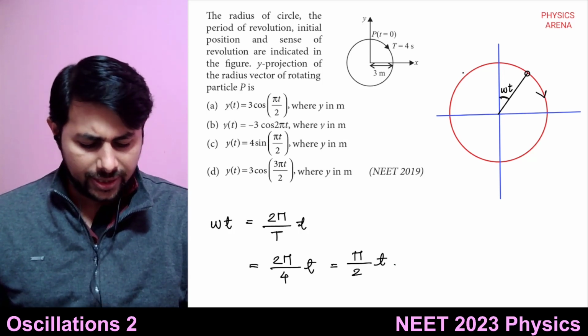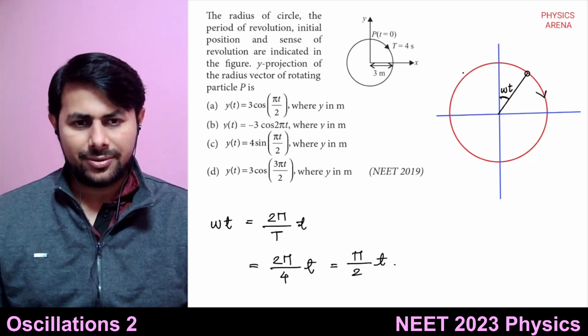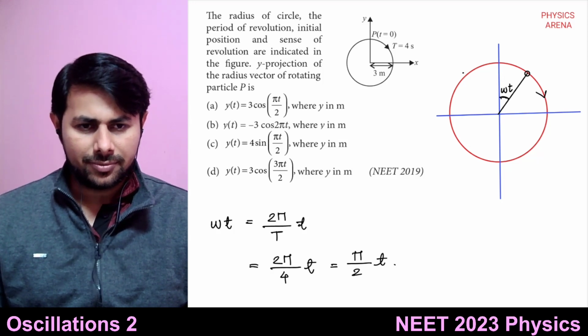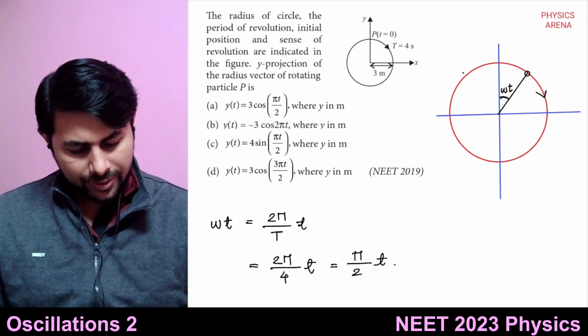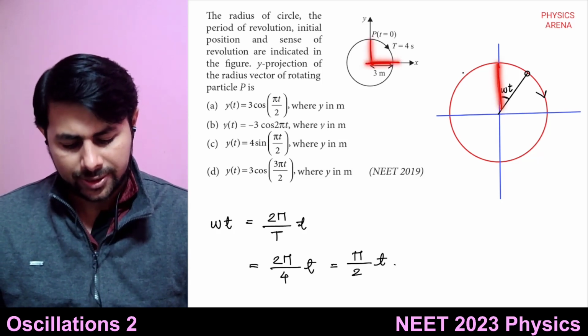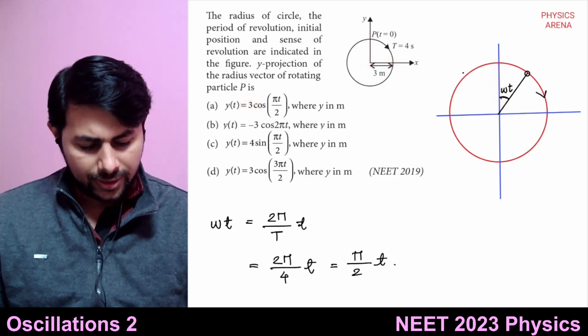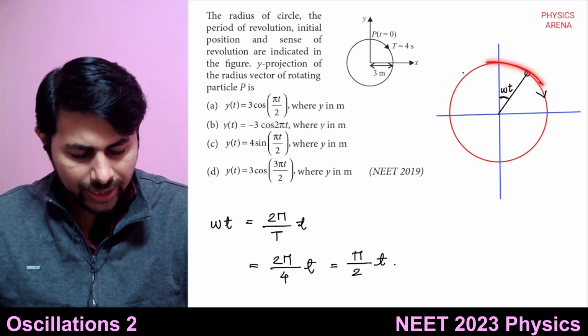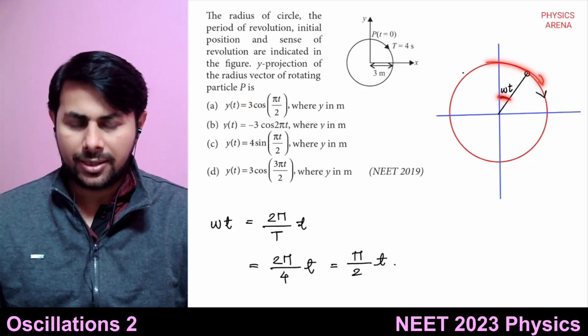Now it's clear. It's option A, right? Very good. Because amplitude will be equal to the radius of circle, which is equal to 3 meters. Because it's moving like this, the angle is omega t.